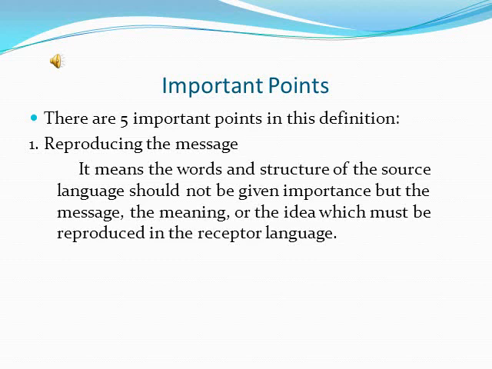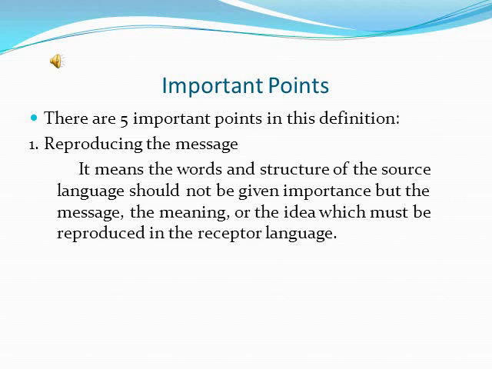Have a closer look at the definition and you'll find 5 important points in it. The first one is reproducing the message. As the definition says, the translator is supposed to reproduce the message, not the words, not the structure, but the message.